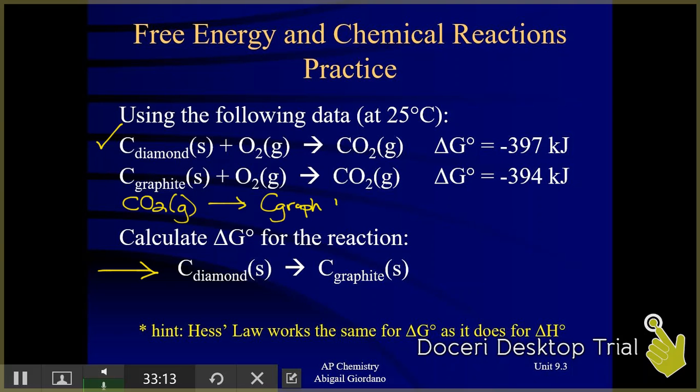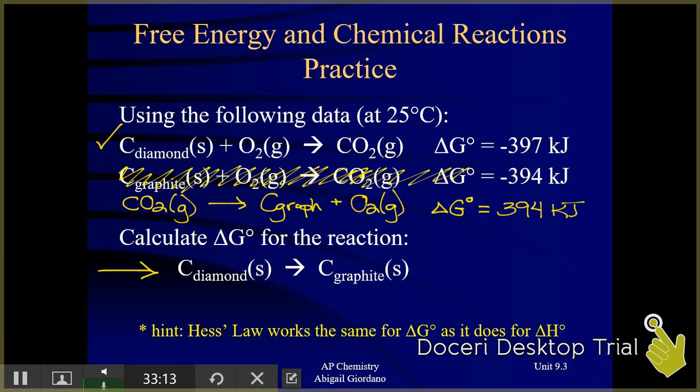Carbon graphite. And just like we did with delta H values, when you flip a reaction around, it just changes sign. So I'm going to scribble through this elementary step because we're not going to use it anymore. I don't want to get confused.